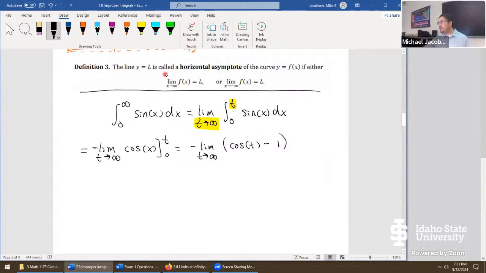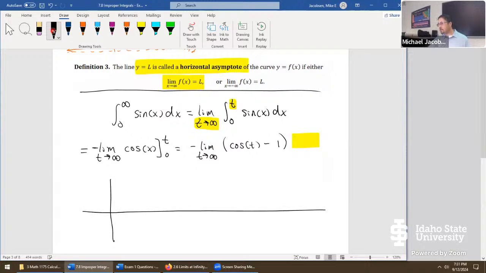In other words, if that limit were to exist, and we put a number L over here, like pi or something random, it means you would have had to have a horizontal asymptote. But the curve for cosine goes like this. Like you're saying, it's oscillating in this way forever.